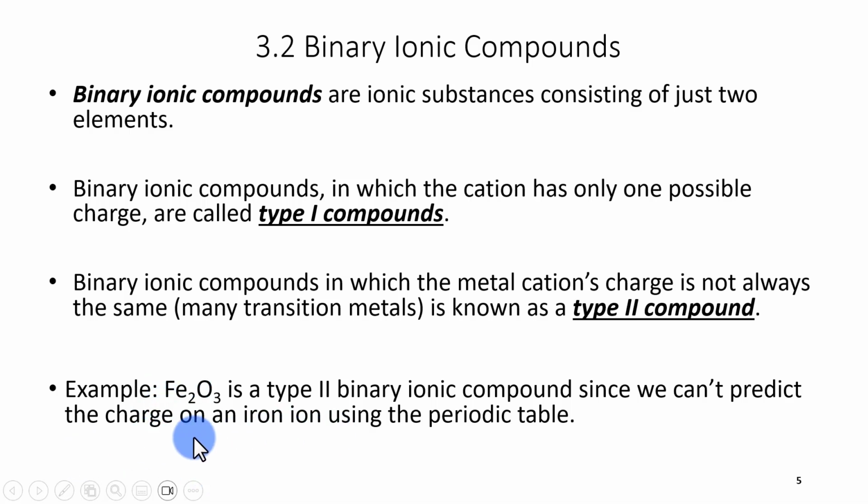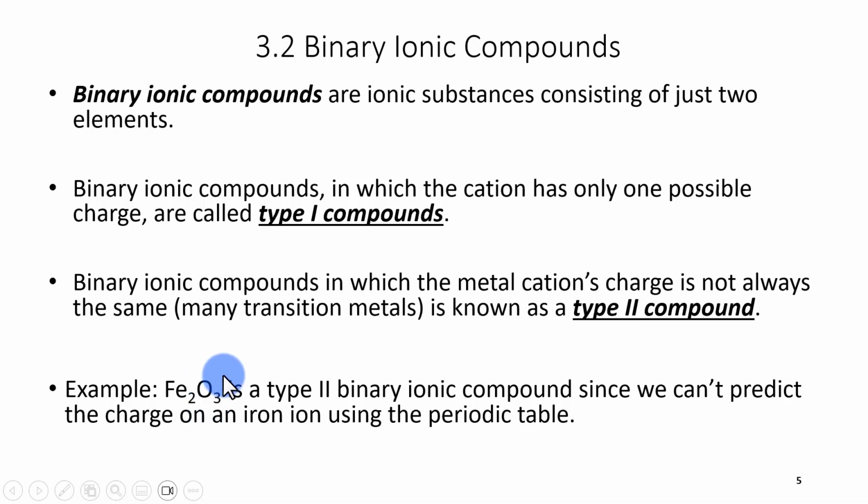And we cannot predict the charge of the transition metal just using the periodic table like we do with group 1 and group 2, etc. For these, to predict the charge given the formula, we look to the anion because the anions will always form the same charge.